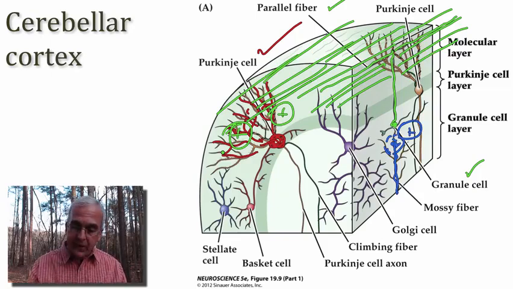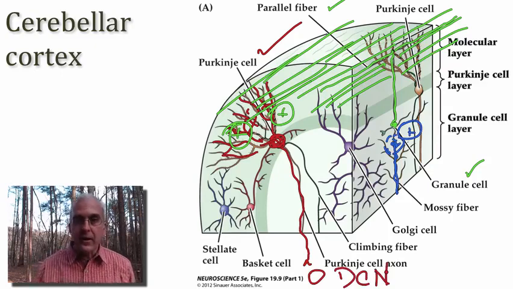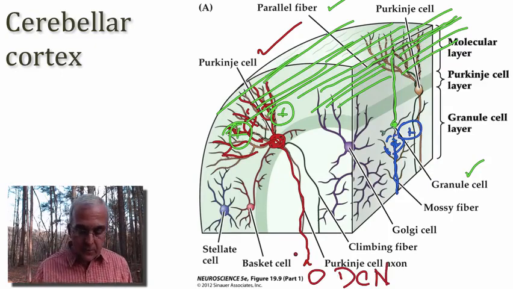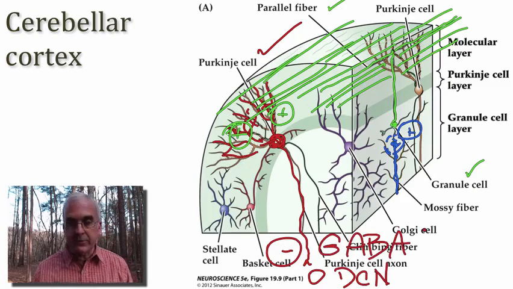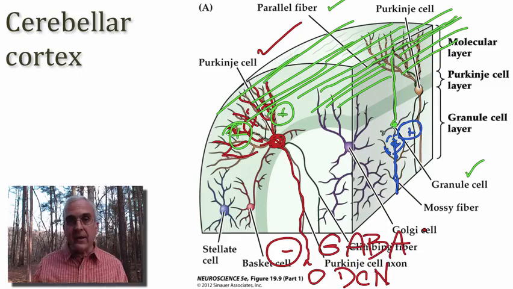Well, the Purkinje cells send their axons down through the white matter where they synapse on cells in the deep cerebellar nuclei. Now, the synapse between the Purkinje cell and the deep cerebellar nucleus is an inhibitory synapse because the Purkinje cells release GABA as their neurotransmitter, and they interact with receptors that mediate an inhibitory influence of that neurotransmitter in the deep cerebellar nucleus neuron.